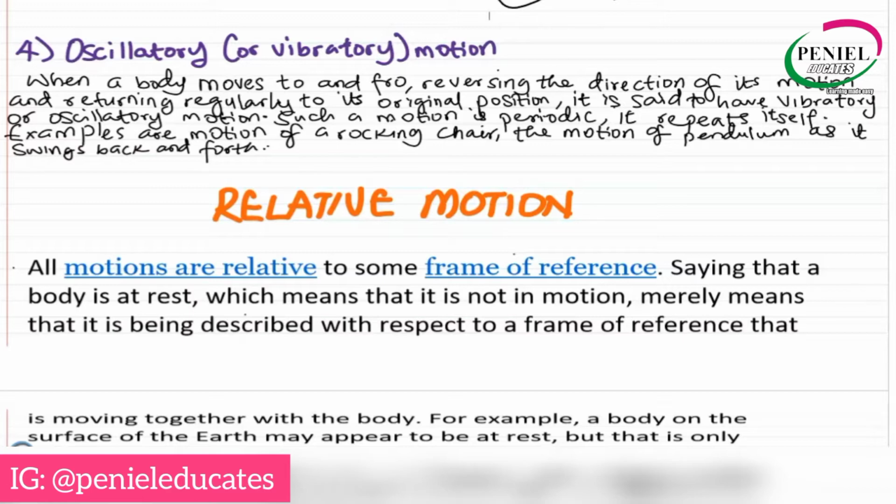Such a motion is periodic because it repeats itself. An example is the motion of a rocking chair. You sit on the chair and rock, and you see that the chair is swinging back and forth.